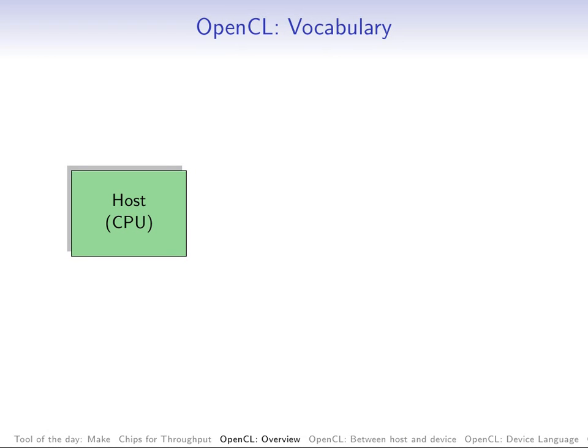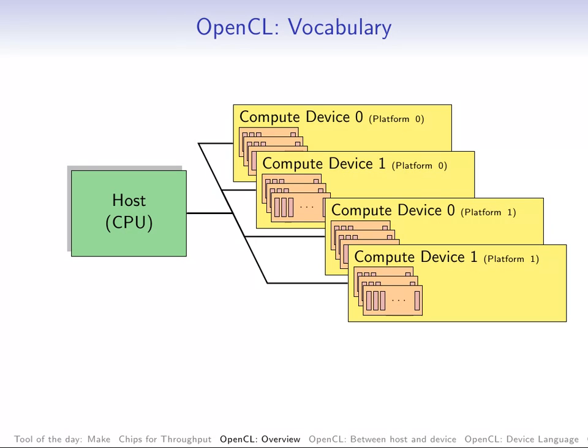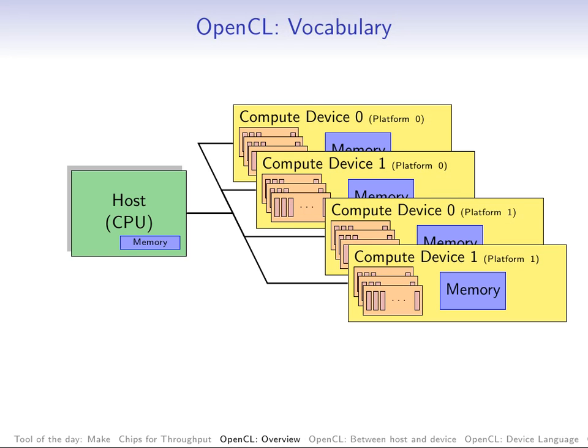I'm going to have to fire a little bit more vocabulary at you. The CPU, as in the thing that you're used to programming, we'll call the host. And the stuff that we're programming this way is called a compute device. This could be a GPU or a CPU, and it could very well be that the CPU is just talking to itself that way, as in the host and the device could actually be the same thing. Another specific thing is that each compute device comes with its own memory.